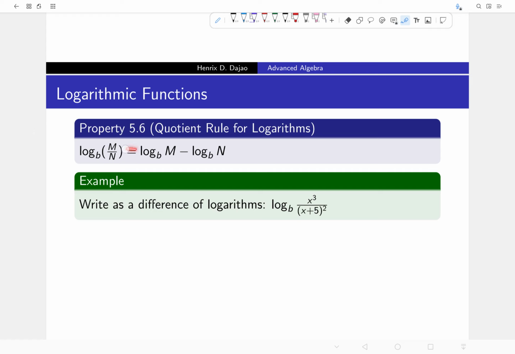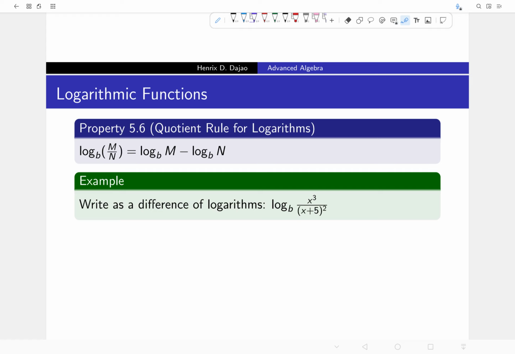That is equal to the logarithm of m with base b, and if it's a quotient, that is minus the logarithm of n with base b. So that's the property. Make sure that the expression inside should be in that form.